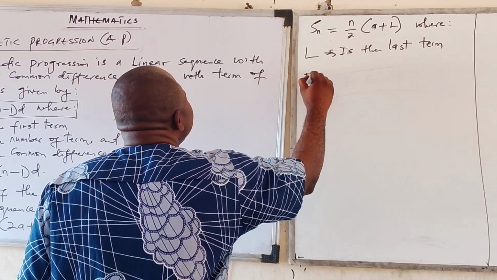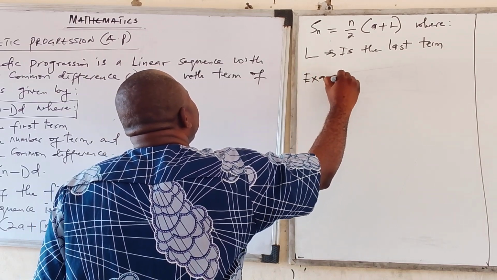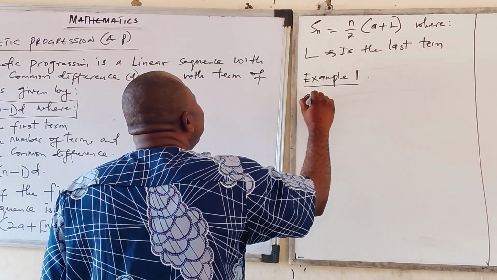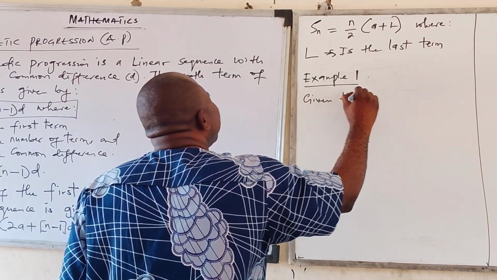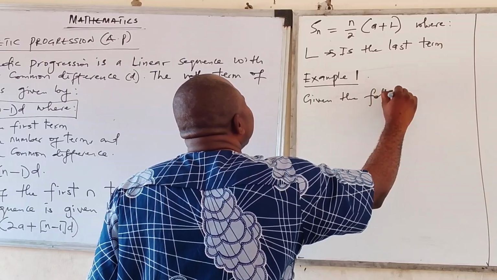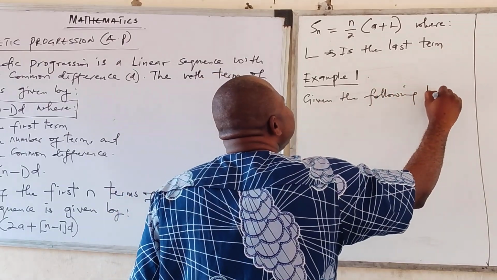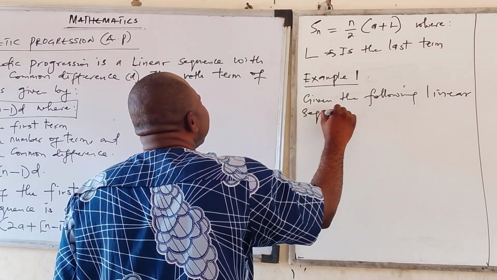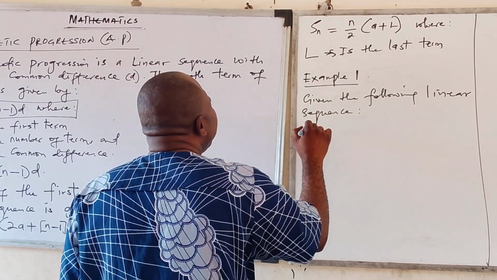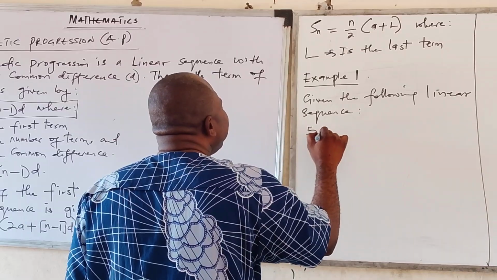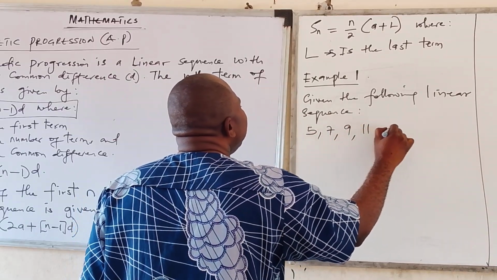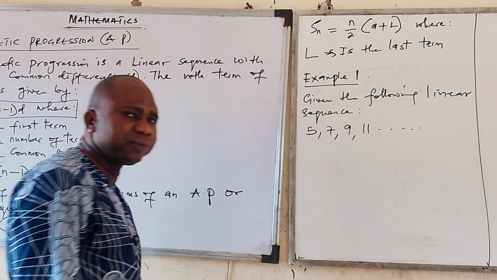Given the following linear sequence, we have 5, 7, 9, 11, continuously.